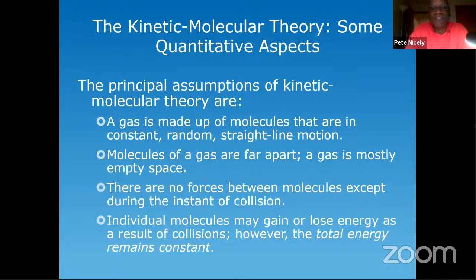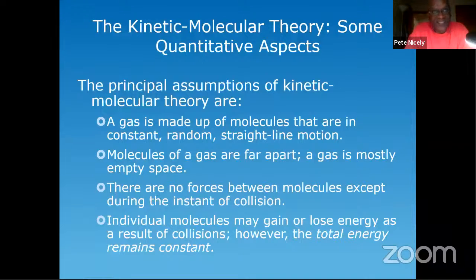And then the fourth assumption is that individual particles may gain or lose energy as a result of collisions. However, the total energy of that gaseous collection of particles remains constant. And if I remember correctly, there's a term in physics that is used to describe these collisions. We say that these collisions are elastic, all right? So what this means basically is that if you have the particles moving around and they bump into each other, there will be 100% direct conversion of energy from one particle to the next.